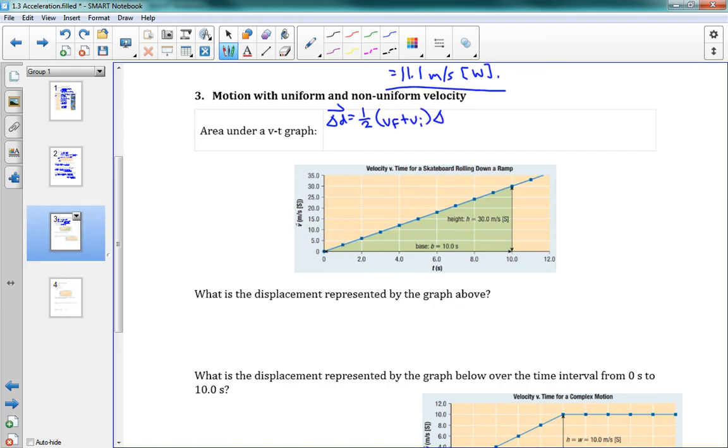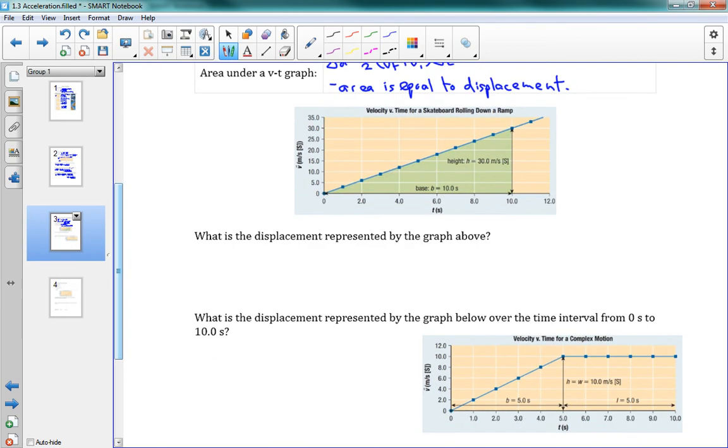The base is delta t. Okay. And this area is equal to the displacement. All right. So you can see how that works in this picture below.